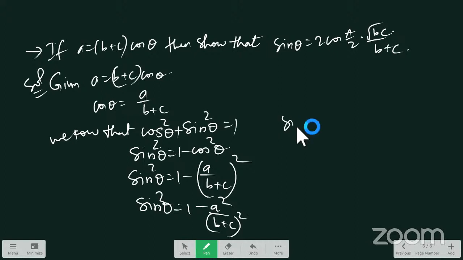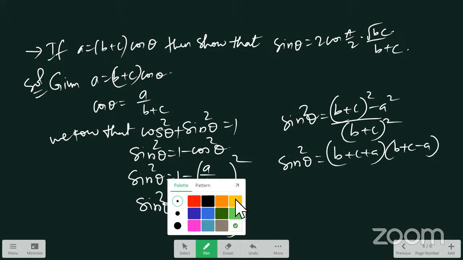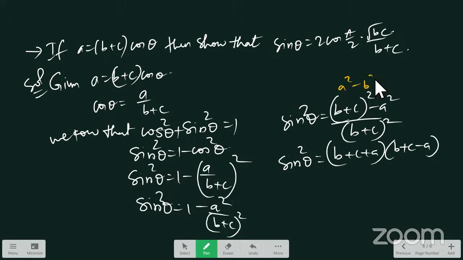That is nothing but sin square theta equal to, take LCM, (b plus c) whole square minus a square by (b plus c) whole square. Is it clear? Now this is in the form of a square minus b square, which is (a plus b) into (a minus b).